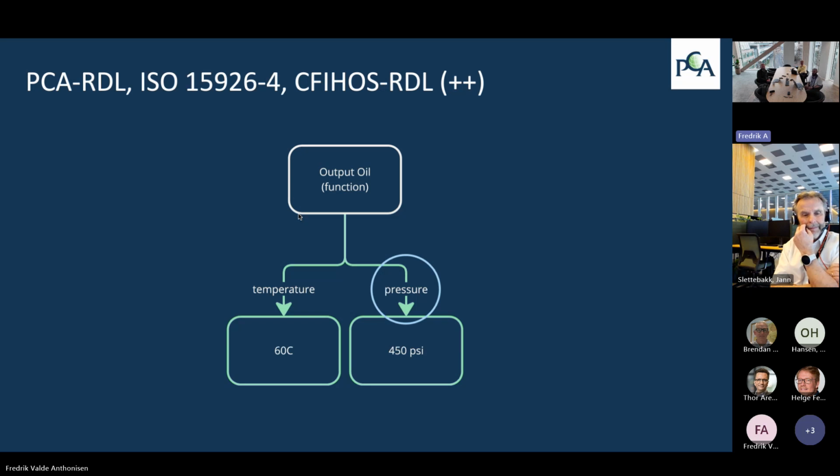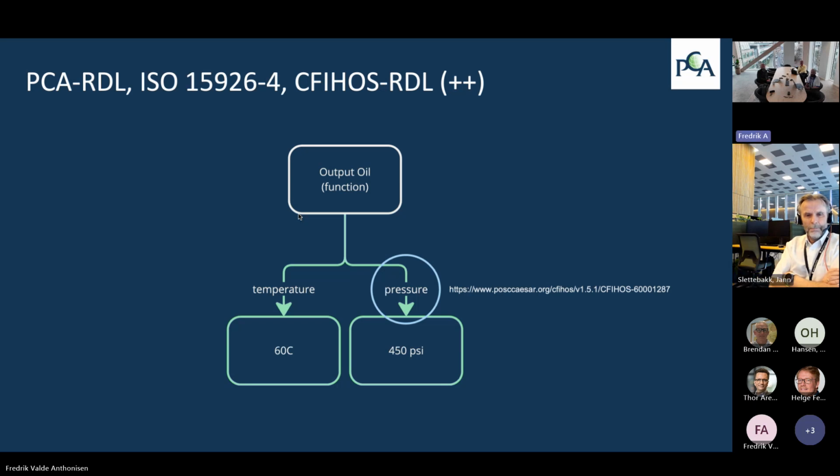But when we send this between applications and computers, this isn't as obvious. So what we then have to do is to link these up with common descriptions of them. And for the pressure part here, we have, for example, a term definition in PCA today. It's in production. You can go look at it if you want to, which is an RDL term from the Cifos RDL.